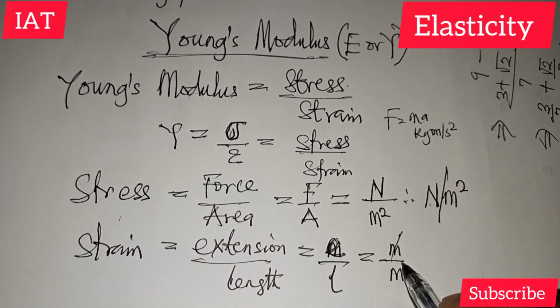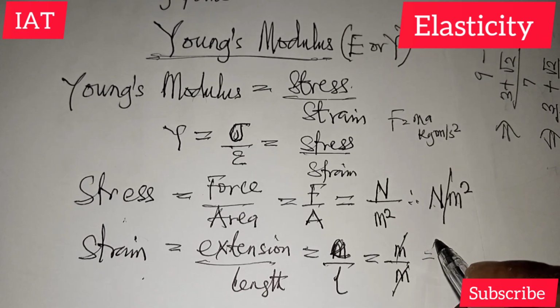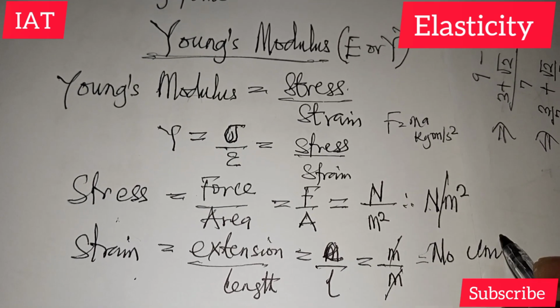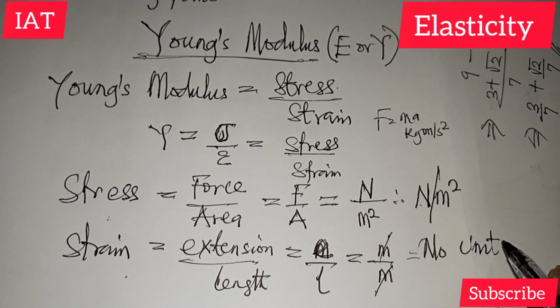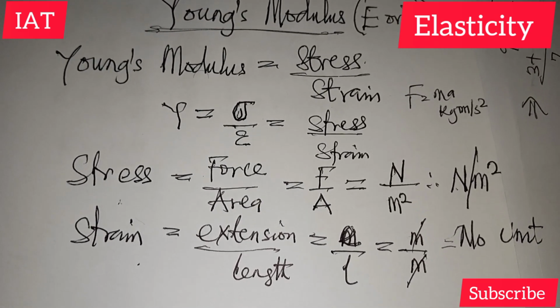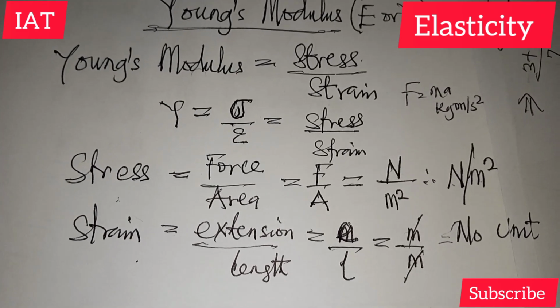So meter can cancel out with meters. That means strain has no unit, and because it has no unit, it can also be called a dimensionless quantity because it does not have dimension.